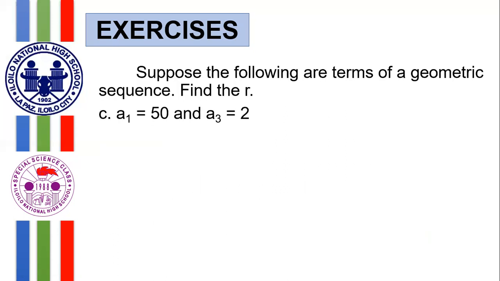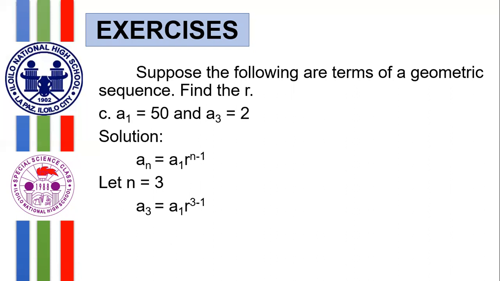Let's have another one. Suppose the first term is 50 and the third term is 2. Using a similar reasoning earlier, the highest subscript here is 3. Hence, we will let n be equal to 3 and substitute all n's by 3 in this explicit form of the nth term.